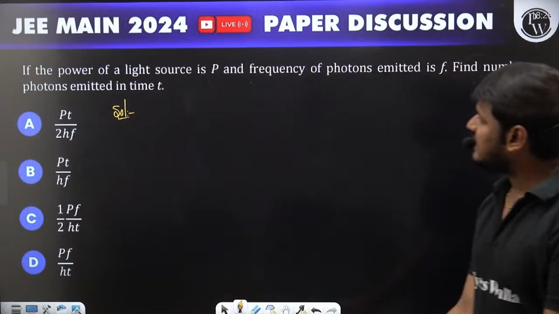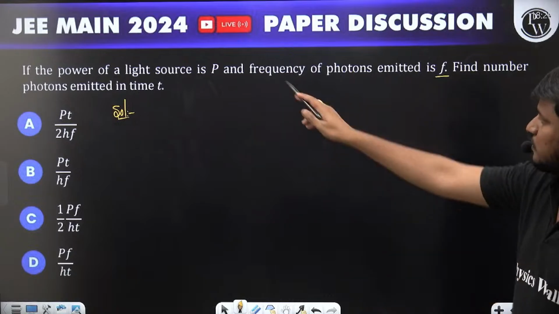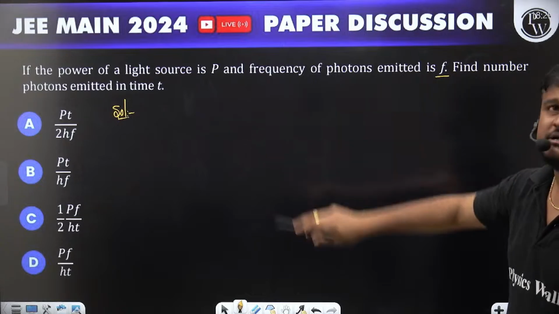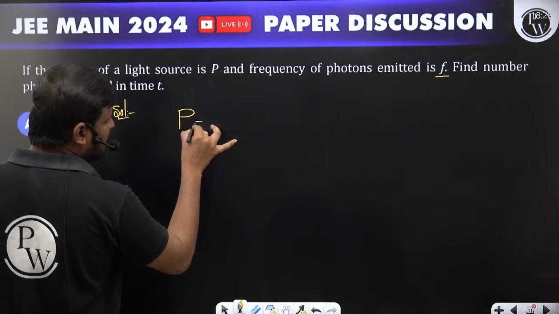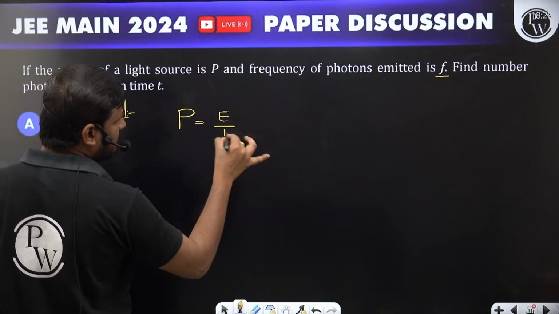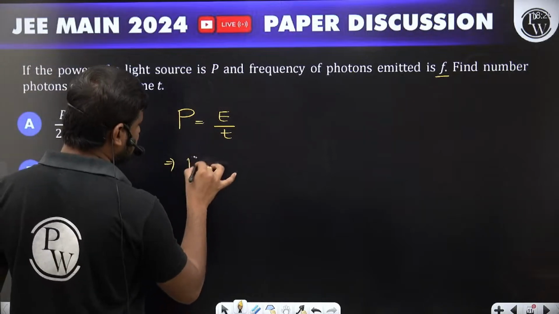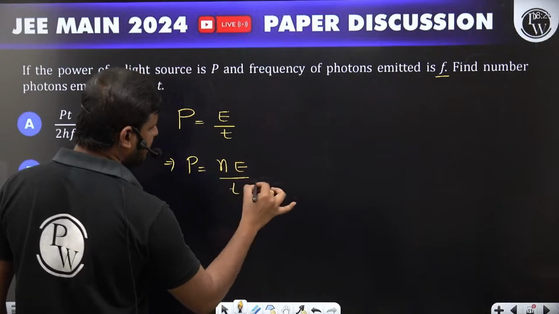If the power of the light source is P and the frequency of the photons emitted is f, find the number of photons emitted in time t. So power is given, frequency is given. n you have to calculate. You know that power is equal to energy upon time. If n photons are emitted, then n into the energy of each photon by time.